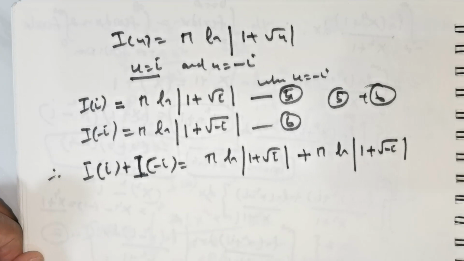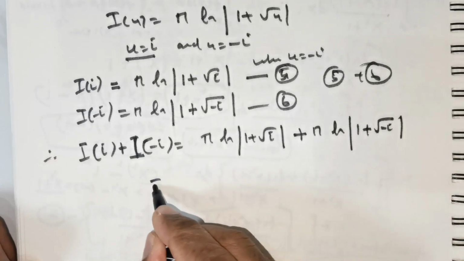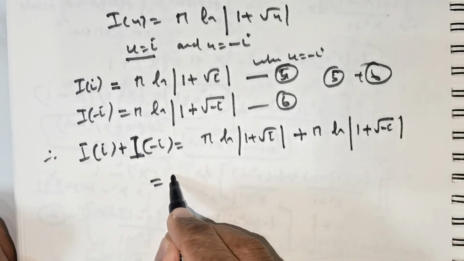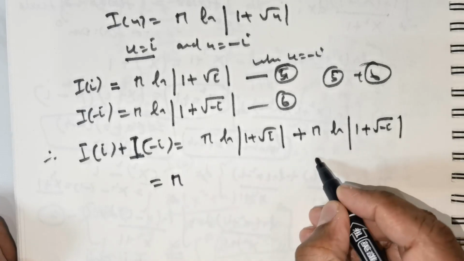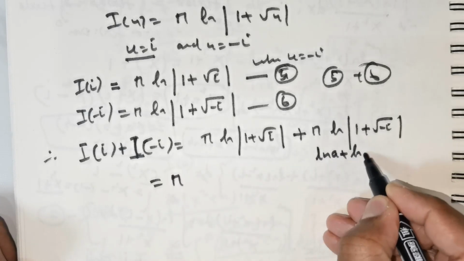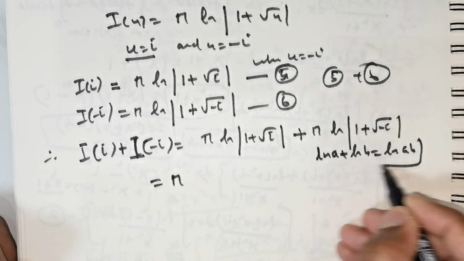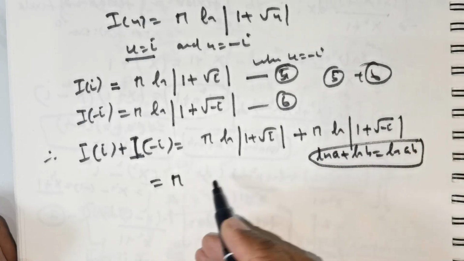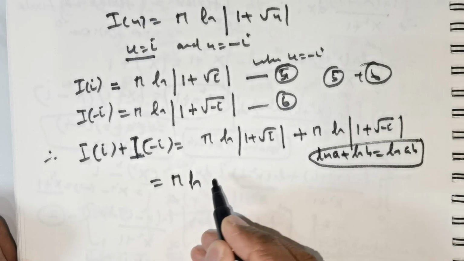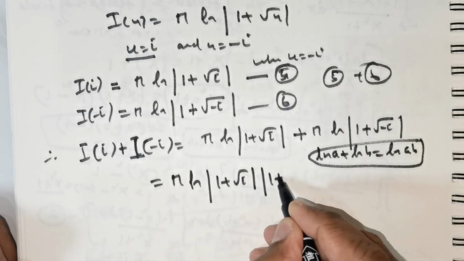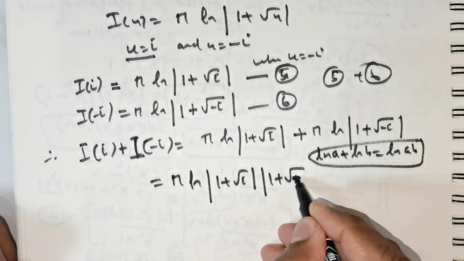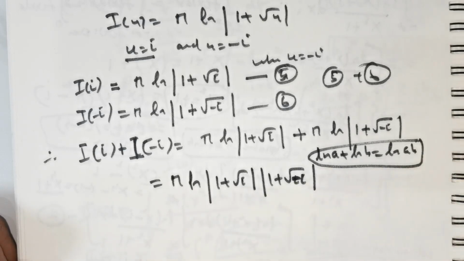Right, this is what I've got. So now we need to add these two quantities. So that would be pi times, now ln A plus ln B. Now let me write that. Ln A plus ln B is equal to ln of AB. Using that property I can rewrite this as pi times ln modulus 1 positive root of i times 1 positive root of negative i. Okay, this is what I've got.